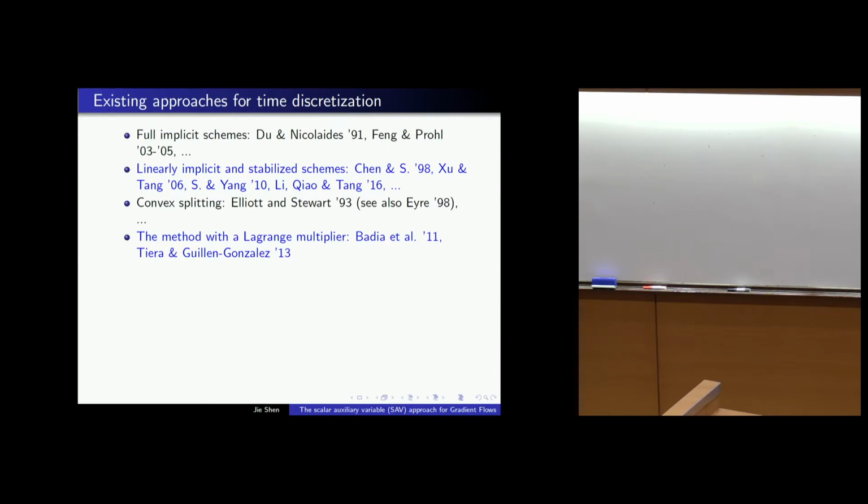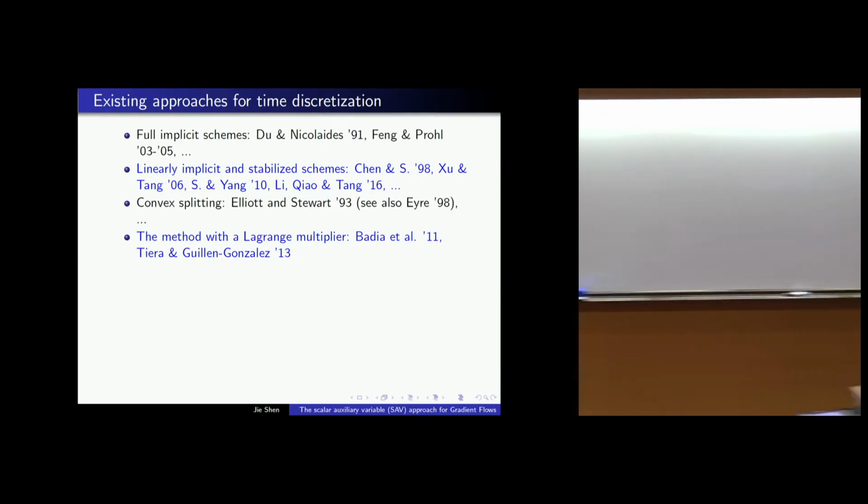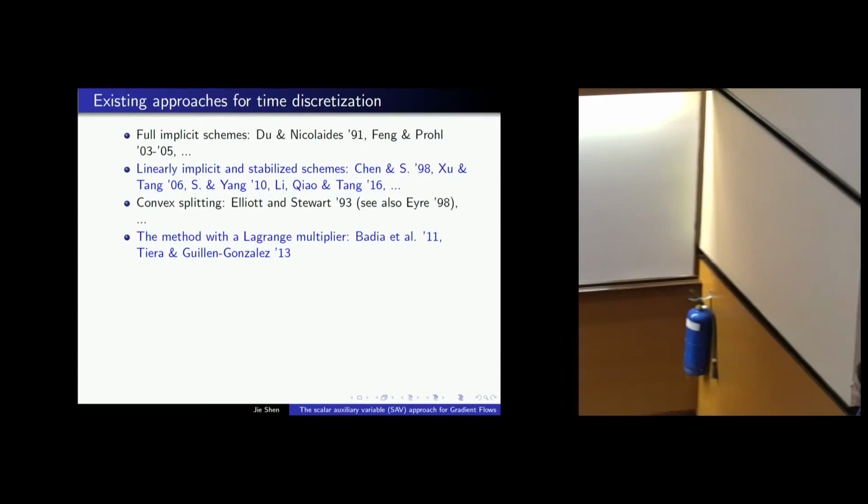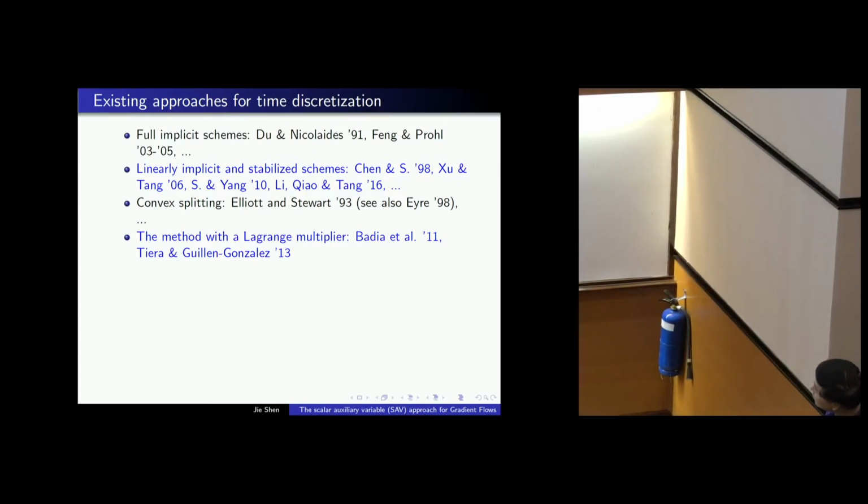Then the most popular method is the so-called convex splitting method, and most people attribute this to Eyre, but Elliott and Stuart in their 93 paper already used this kind of splitting, though they didn't call it convex splitting.